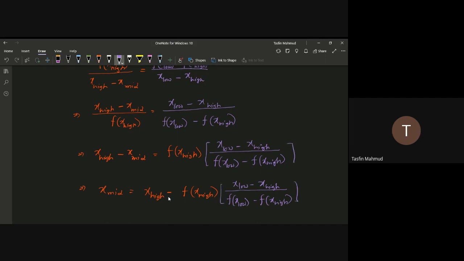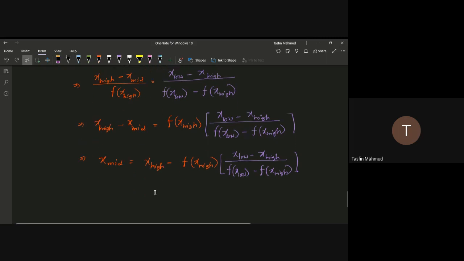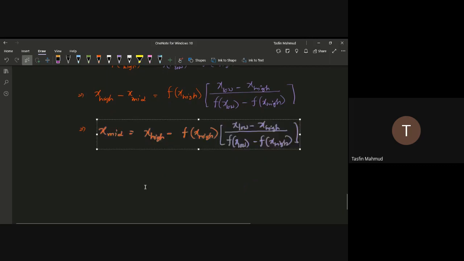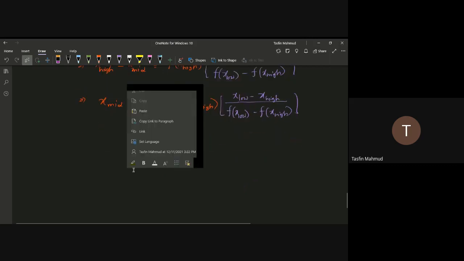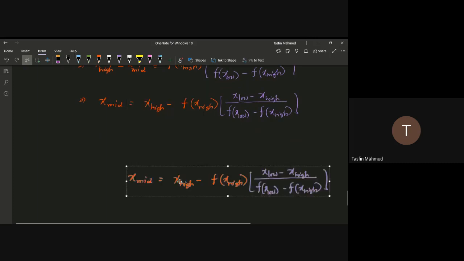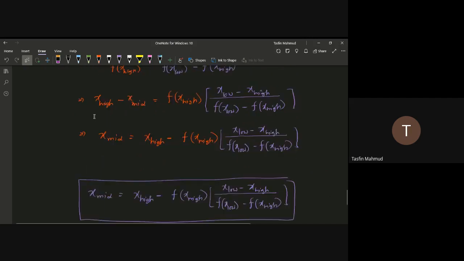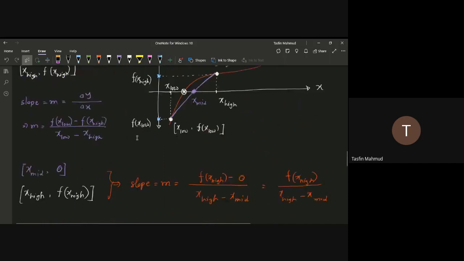So this is our x mid. This equation is our x mid for the Regula-Falsi method, the false position method. I wrote this expression actually earlier.